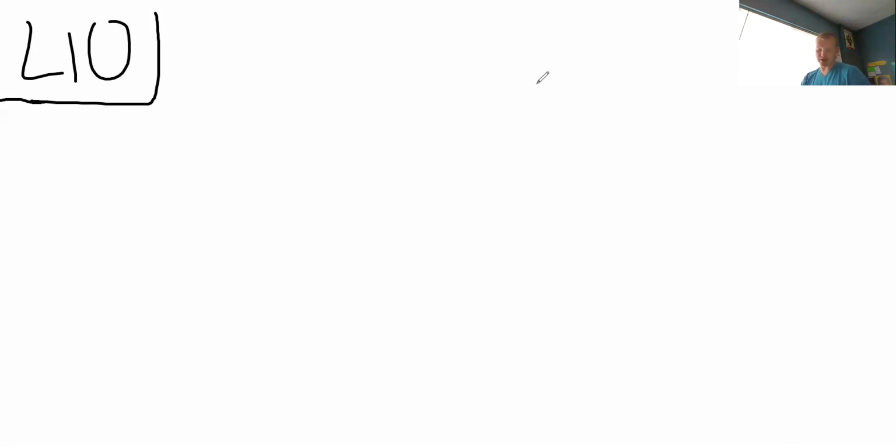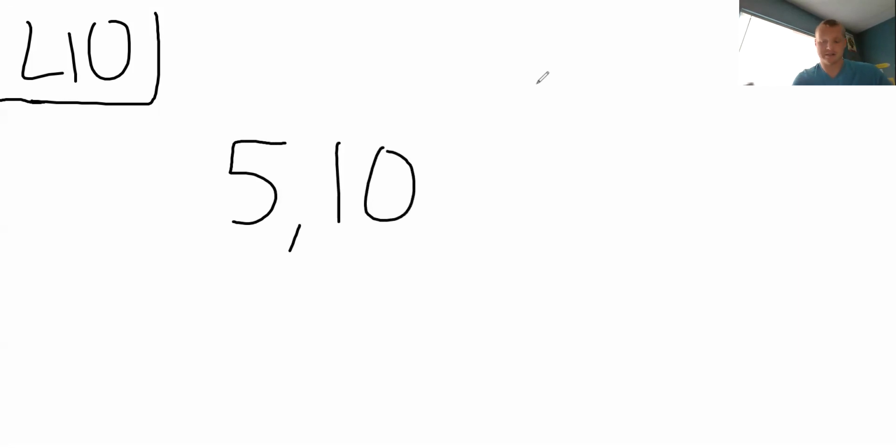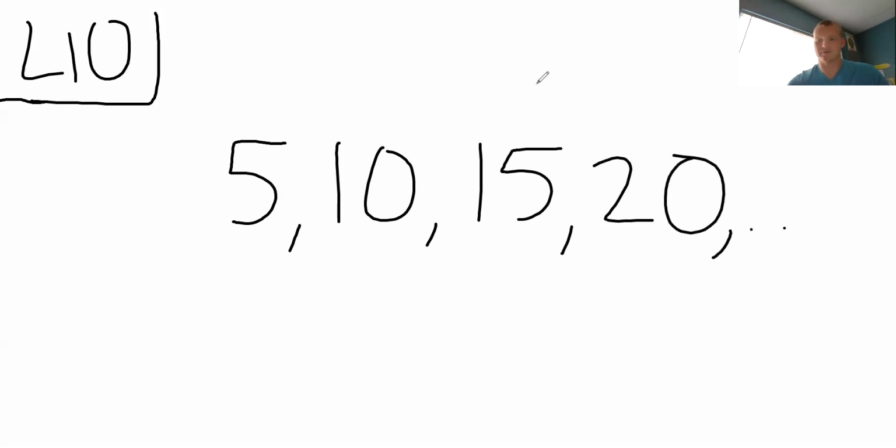So we have a new vocab term, and that vocab term is called a sequence. A sequence is an ordered list of numbers, and those numbers are called terms. So I'm going to write out my sequence here: 5, 10, 15, 20, so on and so forth, and that'll go on forever.